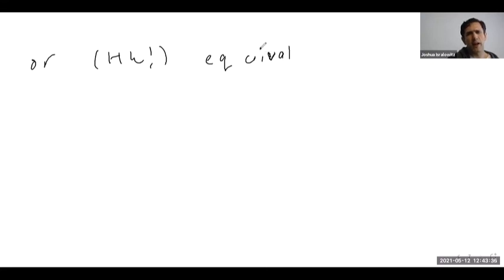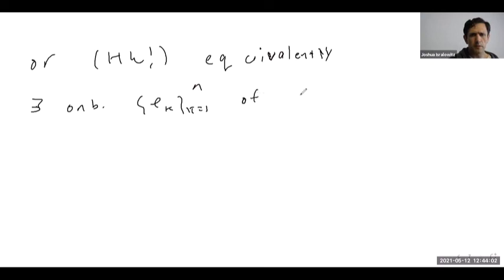You just need facts about matrices. But sometimes you don't. So equivalently, there exists an orthonormal basis of C^n, where each one of these is an eigenvector.